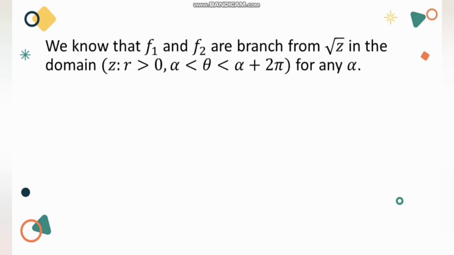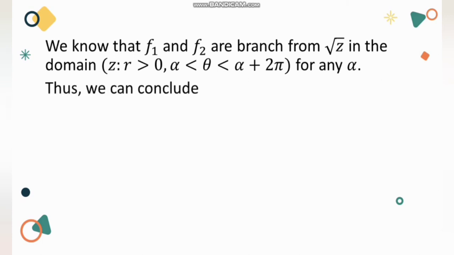Next, we know that f1 and f2 are branches of the square root of z in the domain where r is greater than 0 and alpha less than theta less than alpha plus 2π for any alpha.